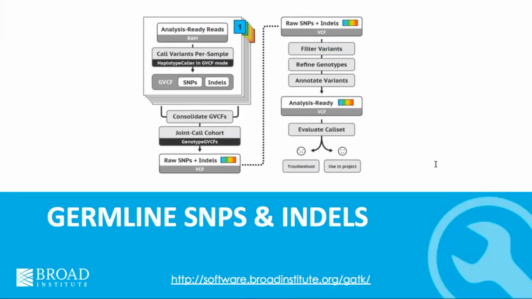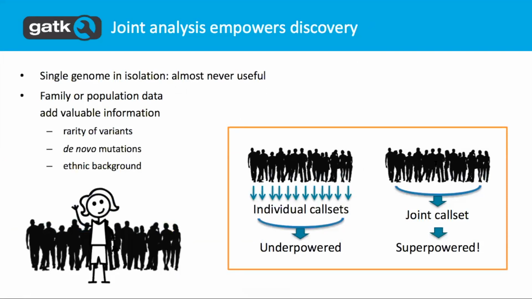So first, SNPs and indels. One of the things about variant calling in the SNP and indel world, but also for other types of variants, is that we want to call samples jointly. That gives us more power and more information.